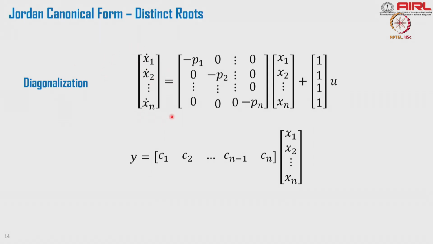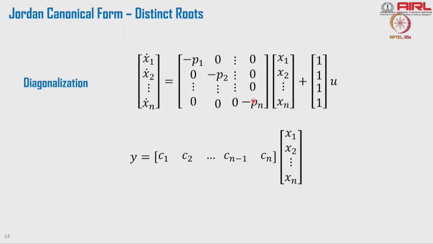x1, x2, xn. You see, all the poles of this system will form the diagonal elements of the A matrix, right? By looking at this representation, I can talk about whether the system is stable or not. If all these poles fall on the left half of the S plane, then I can say this system is stable. If any of them is positive, then it means the system is unstable, right?